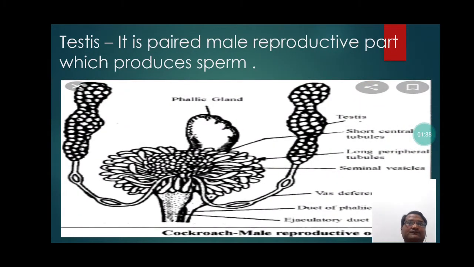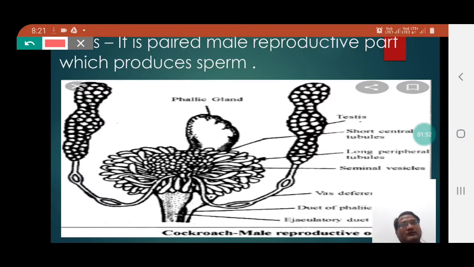Testis. It is a paired male reproductive part which produces sperm. So students, you can notice that testis is the most important part of the reproductive system of cockroach and which is paired.